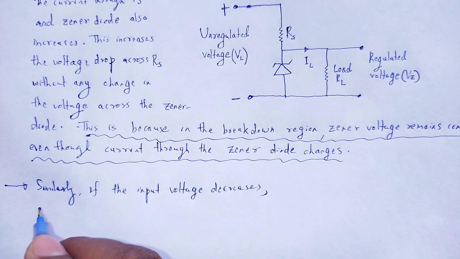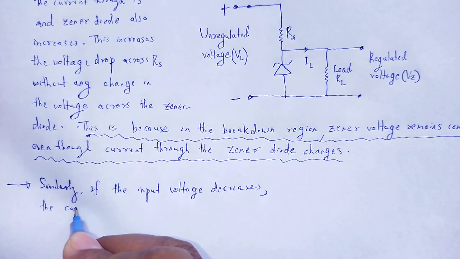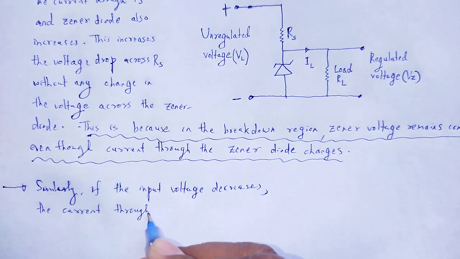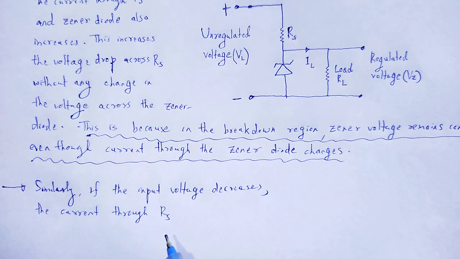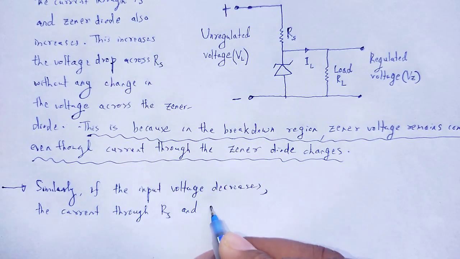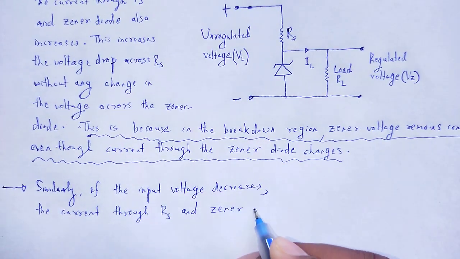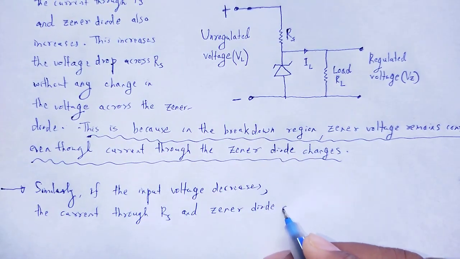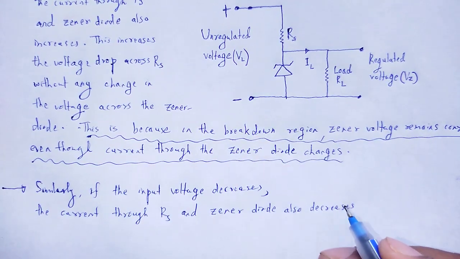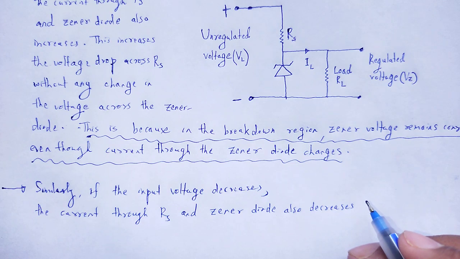The current through Rs and the Zener diode also decreases.